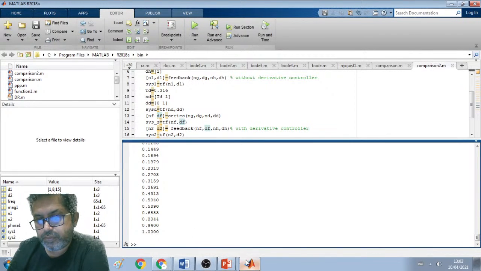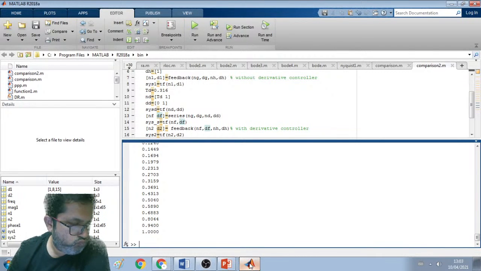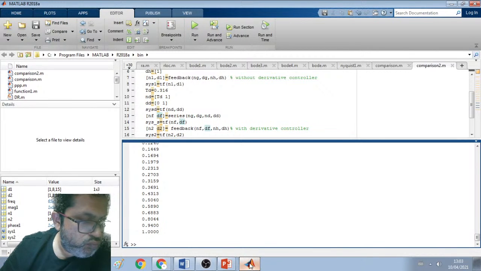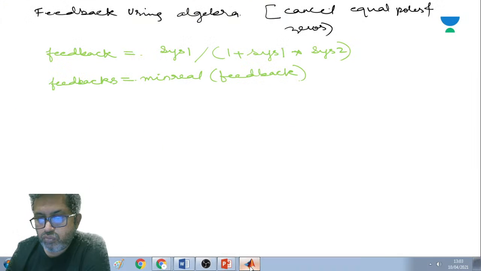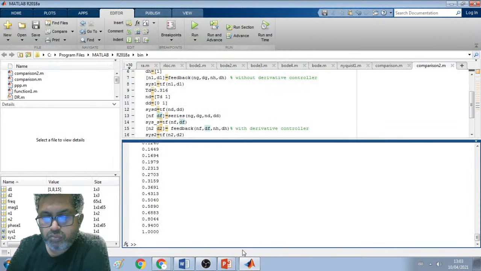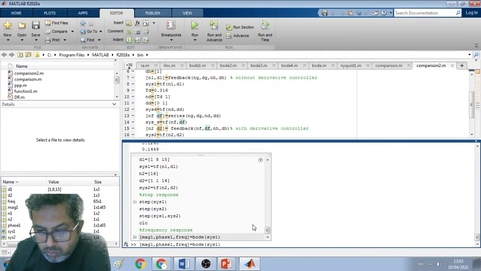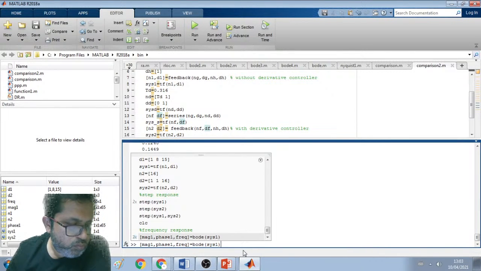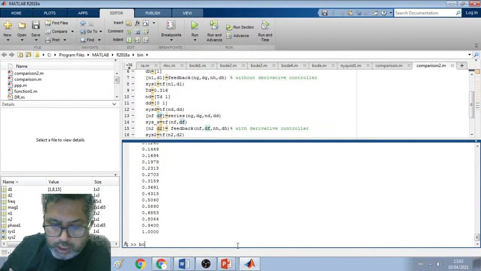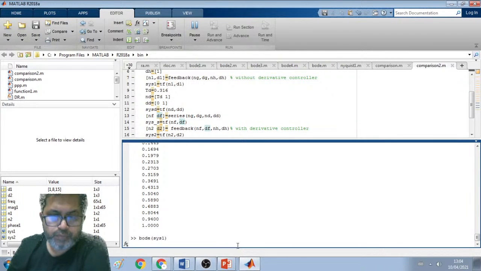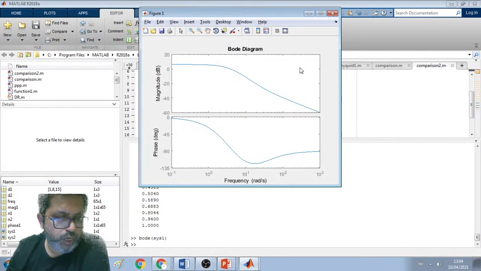Let us repeat this. Let us say bode sys1. So this is a bode diagram.